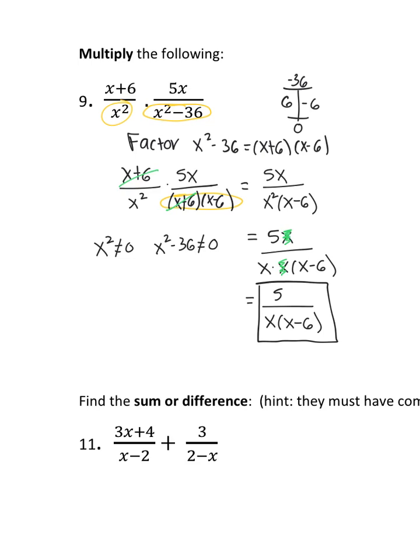To solve x squared not equal to 0, the only number squared that will give you 0 is 0. So x cannot be equal to 0 is one of those restrictions. When we factored this, we got this. So I'm going to restrict negative 6 and positive 6 from my domain. So those are my two domain restrictions.